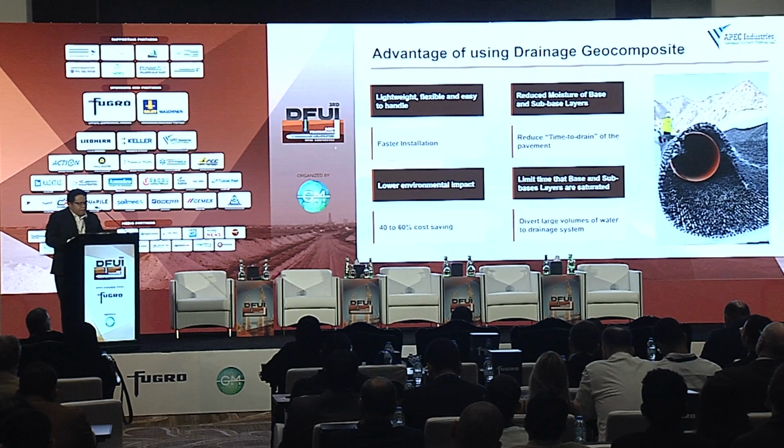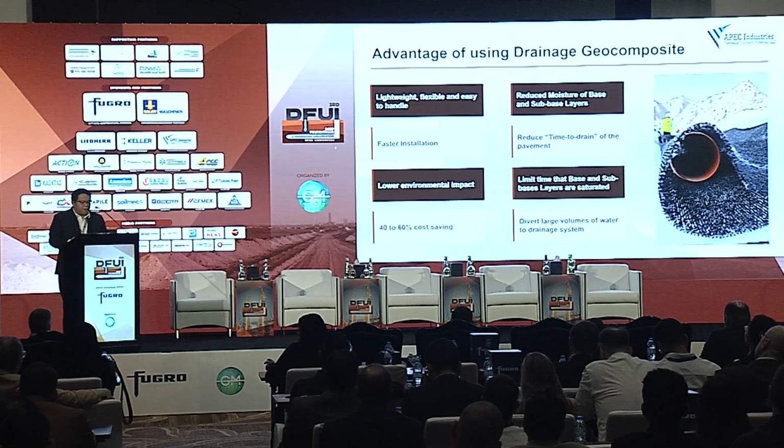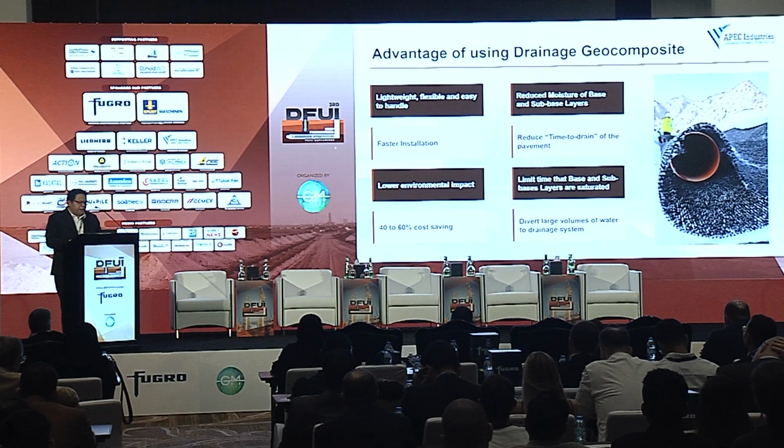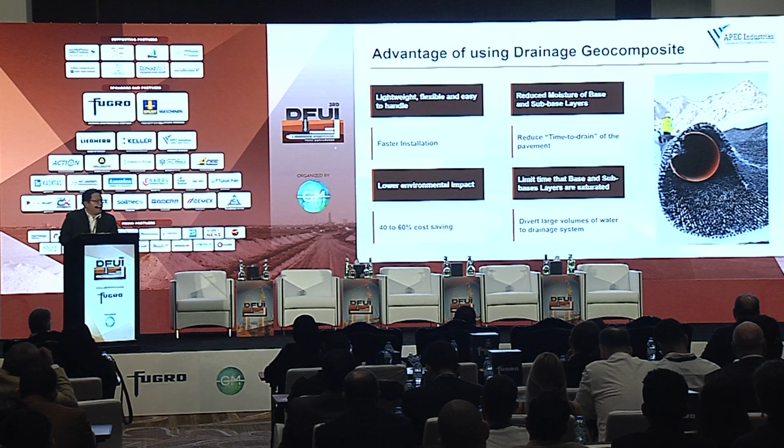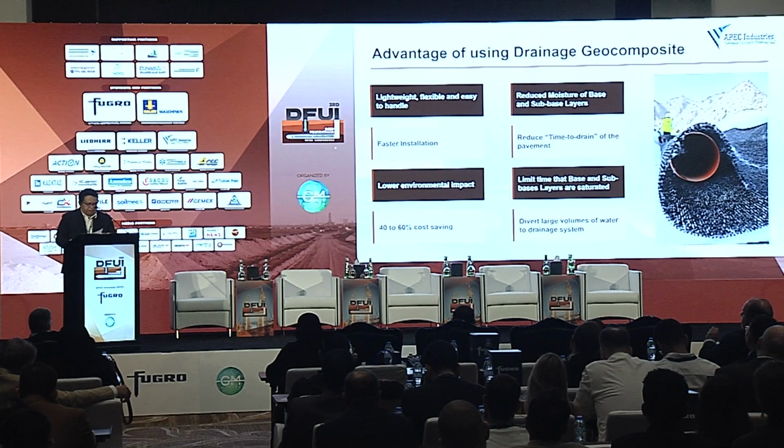Many projects have recorded cost savings of 40 to 60% compared to open-graded gravels. Additionally, they provide consistent factory-controlled properties and are particularly beneficial in areas where quality aggregate is scarce.